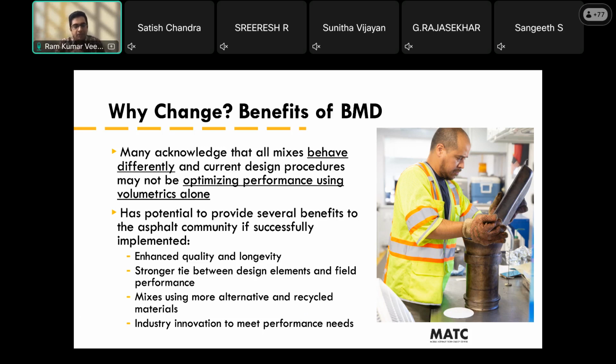Second, BMD creates a stronger connection between the design elements and the actual field performance. This means we can predict more or less accurately how a mix will perform by using these mechanical performance tests. And thirdly, balanced mix design supports the use of more alternate and recycled materials.